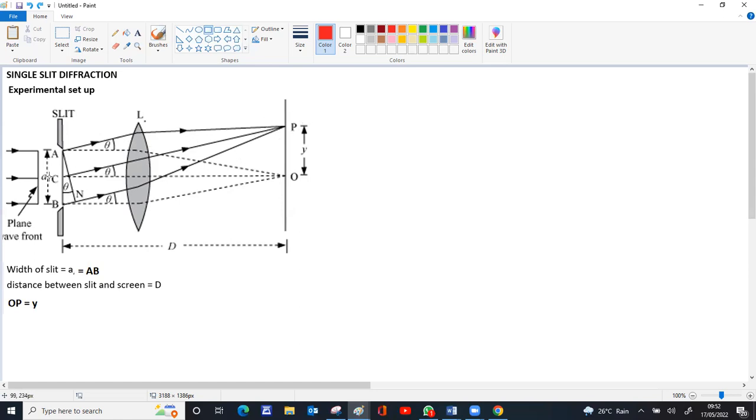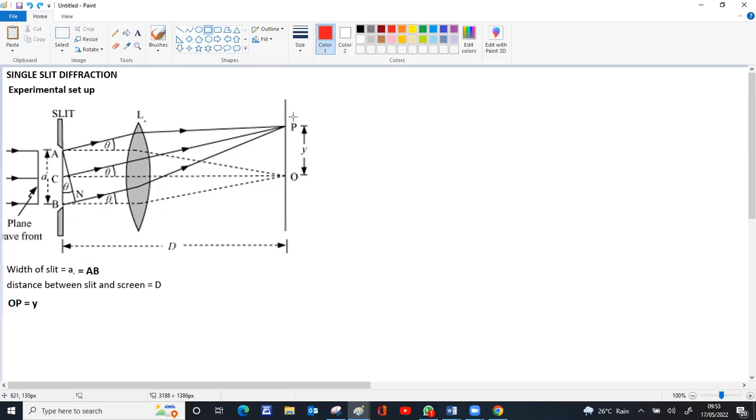The basic difference from interference is that there we had just two point sources, so every point of the screen was just receiving one light ray from S1 and another from S2. We just had to discuss the superposition of two light rays at every point on the screen. But in diffraction, every point on the screen receives light from each and every point of the slit.